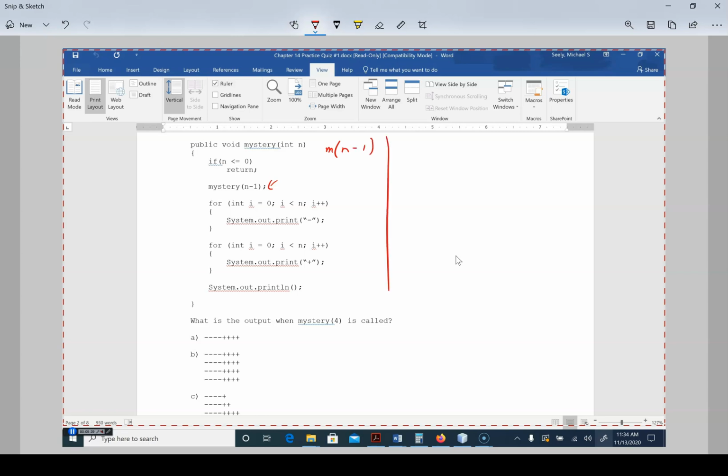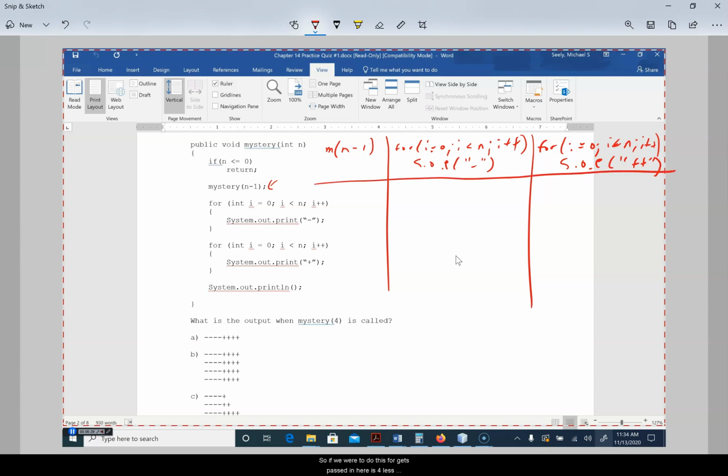And then we've got our for loop, so for i equals 0, i is less than n, i plus plus, and we have ourselves the s.o.p, the dash, and we got another for loop for i equals 0, i is less than n, i plus plus, and we have our s.o.p with a plus symbol.